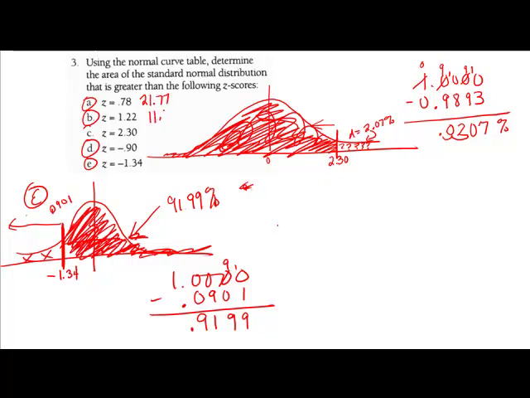B is 11.12. C we did together. D is 81.59. We just did E, and E was 90.99.